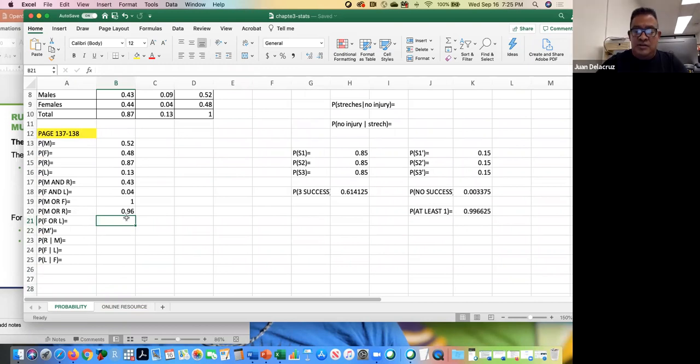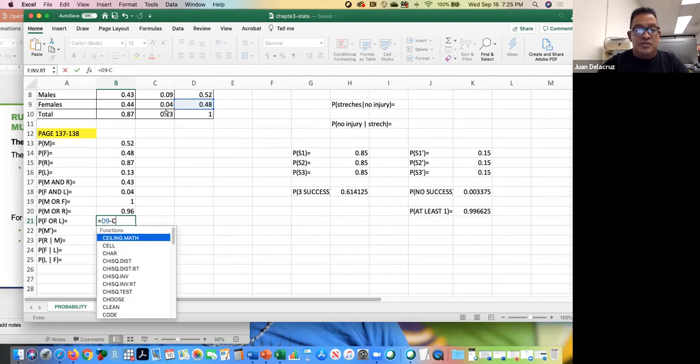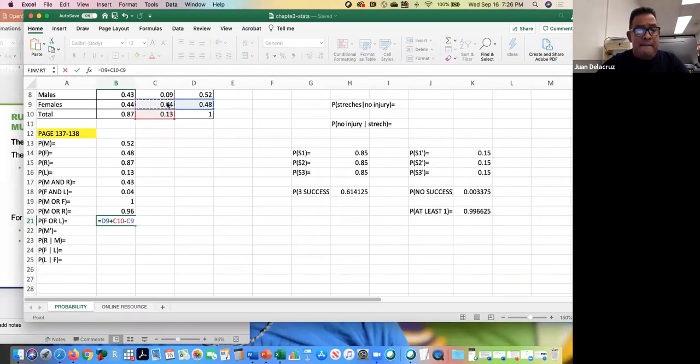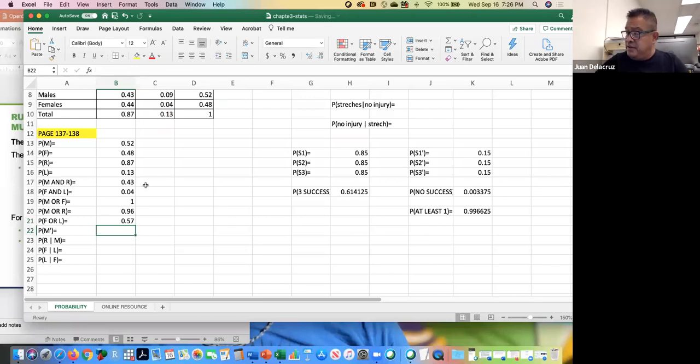So we have the probability of females plus the probability of left minus the intersection, right? So 0.57.